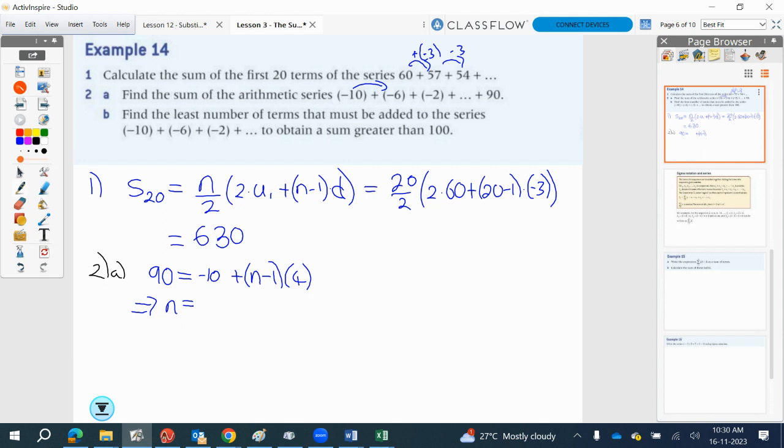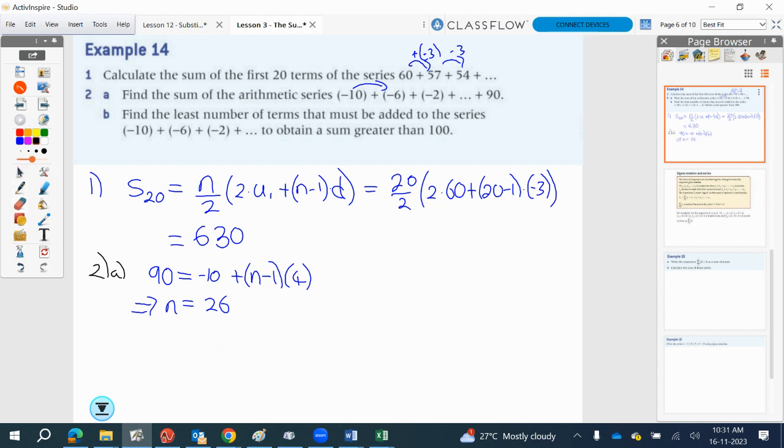We get 26 terms in the sequence. So now we need to find the sum. We want the sum of 26 terms. We can use 26 over 2 times u1 plus un. Let me generalize the formula.